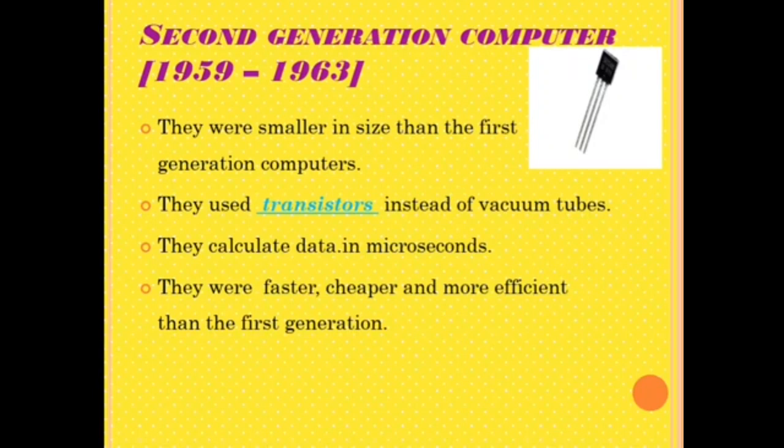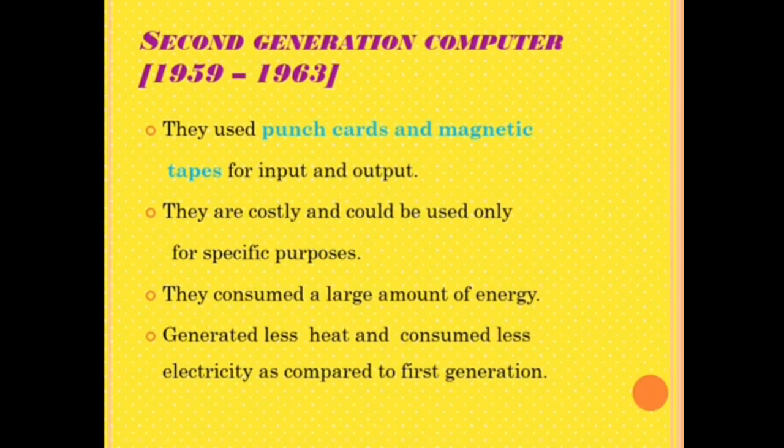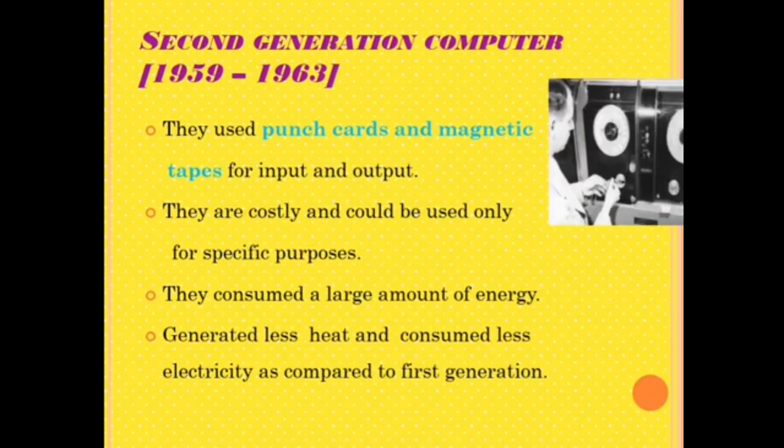They were faster, cheaper and more efficient when compared to the first generation. Next, they used punch cards and magnetic tapes for input and output. Punch cards you saw in the first generation, and here I will show you the magnetic tape.